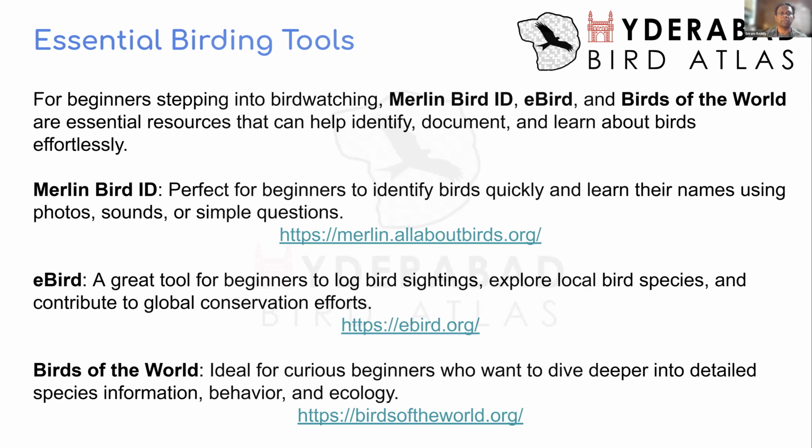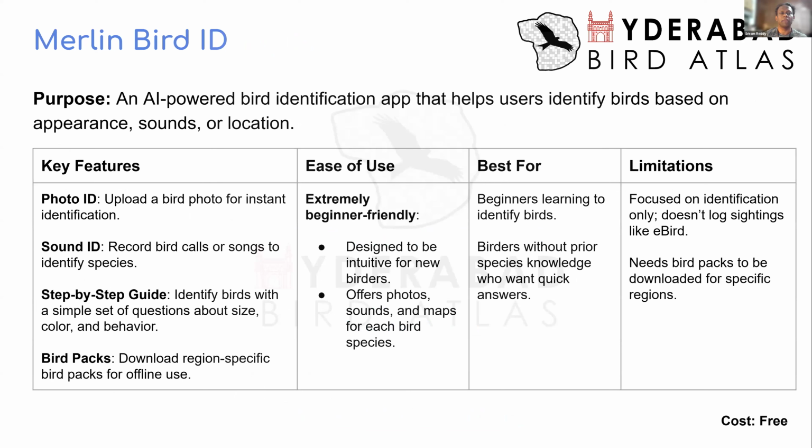We'll start with Merlin Bird ID, which I'll show live later. The main purpose of Merlin Bird ID is to identify birds and learn about birds. In all the previous four sessions, we talked about a way to identify birds, a step by step bird ID guide, which you will understand when I show it.